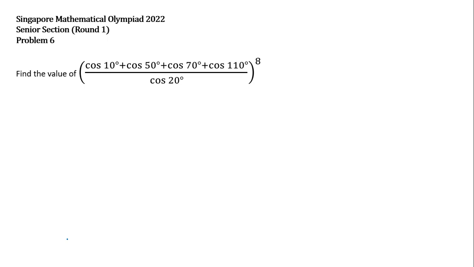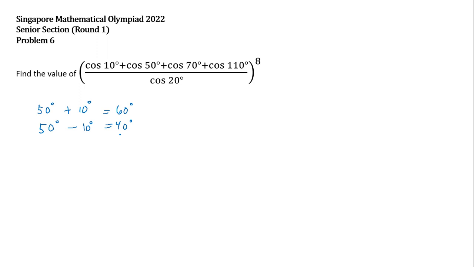For example, if we pair up 50 degrees and 10 degrees and add, the result is 60 degrees, which is a multiple of 30. Now, if we subtract, the result is 40 degrees, which is a multiple of 20, which is good because in the given we have here cosine 20 degrees.